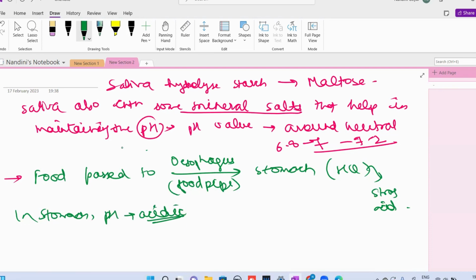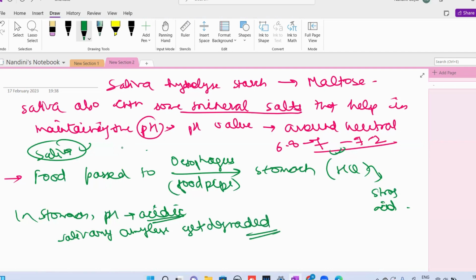Now see, we have swallowed the food. Our food contains saliva, yes or no? When we swallowed it. Okay. But saliva works at neutral pH. It does not work at acidic pH. So what will happen when saliva comes into the stomach? Because of this low pH, salivary amylase gets degraded, because salivary amylase is only active at neutral pH.